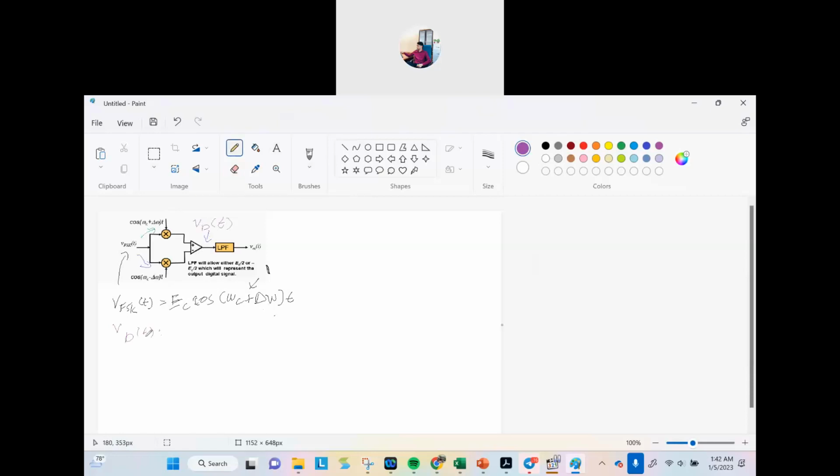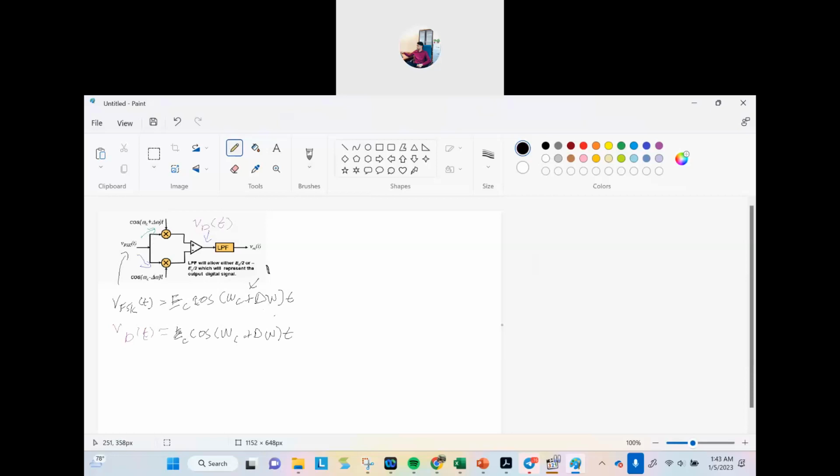VD(t) is equal to the first, EC cos (omega C plus delta omega) t, and then multiplied with the above, because it is going to multiply with both, right?